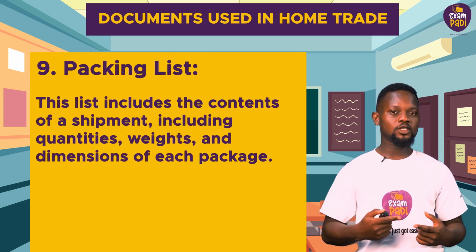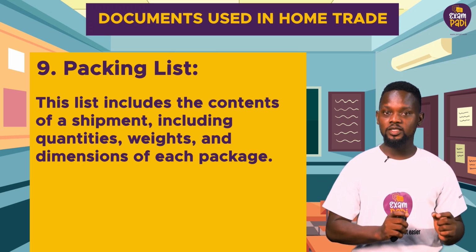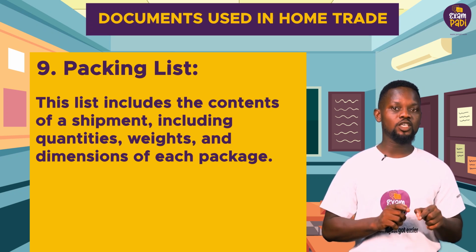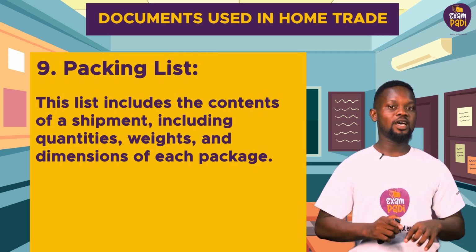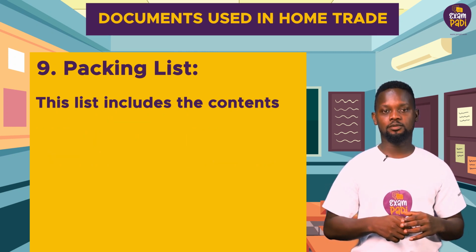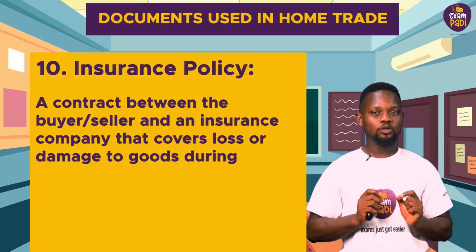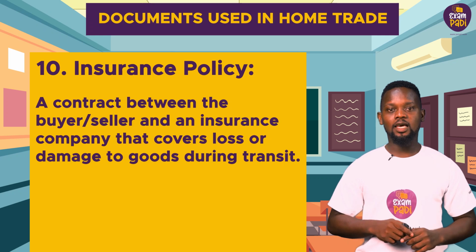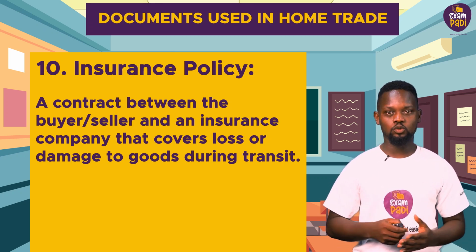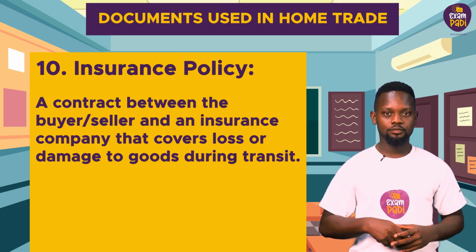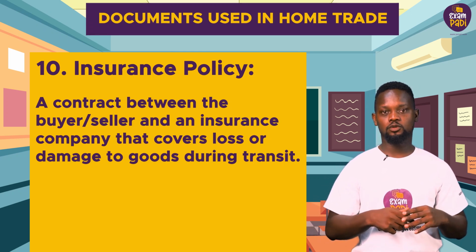This list includes the content of a shipment, including quantities, weights, and dimensions of each package. It helps verify the shipment's contents and facilitates customs clearance. Number 10. Insurance policy. A contract between the buyer or seller and an insurance company that covers loss or damage to goods during transit. It protects against financial risks associated with transportation.